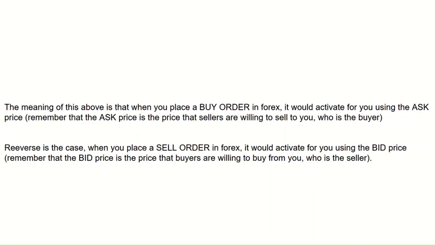Your broker will activate that order for you using the bid price because they are the buyer here and you are the seller. So your broker is the one buying now, and they'll activate it for you using the bid price, which is the buying price. So I hope you get the concept of bid and ask price now. And if you don't understand it, you can always recap and rewatch this particular section for more understanding.